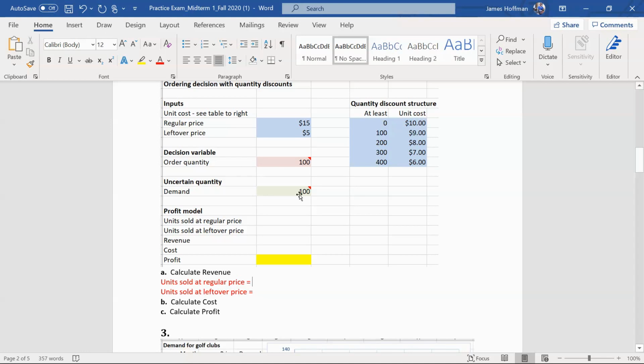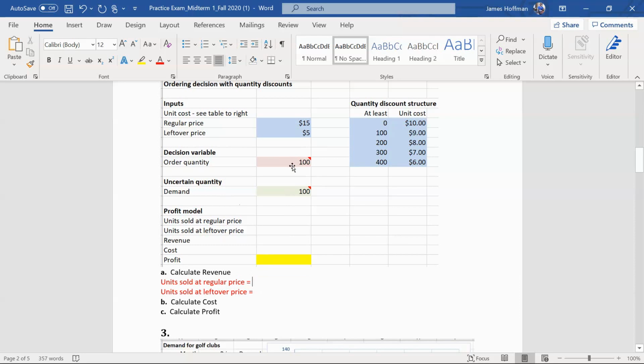You can see that demand is 100, and we ordered exactly 100. So that means we're going to sell everything in this case because the two values are the same. If we were to order too much, then we'd have to sell the other ones at leftover price, and so on. So you only get the leftover price if you order more than demand is, because there wasn't enough to buy at the regular price.